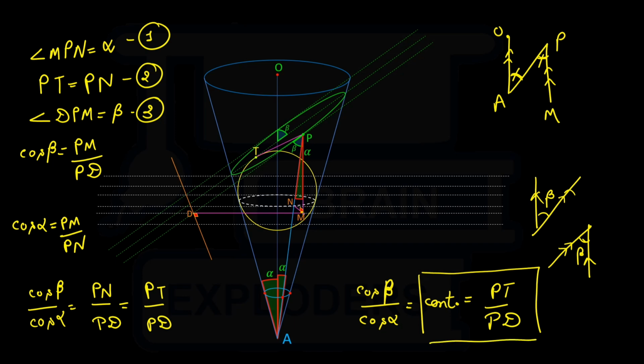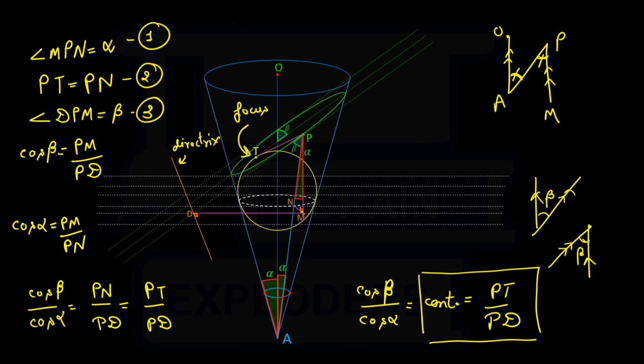Now you can see this point T is acting like focus, and this line is behaving like directrix. T is that fixed point, and this orange line is the fixed line, such that the ratio of distances of P from this fixed line and this point is constant. So here is where that definition comes from.